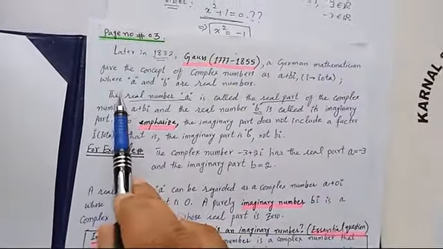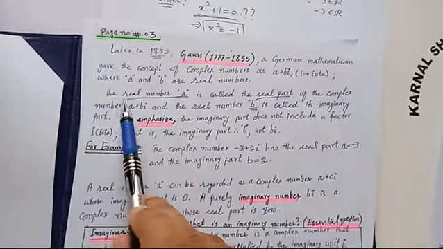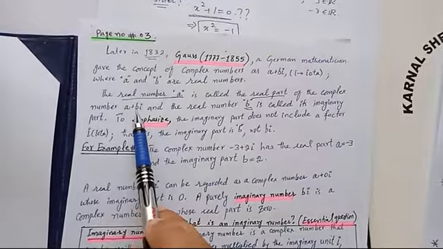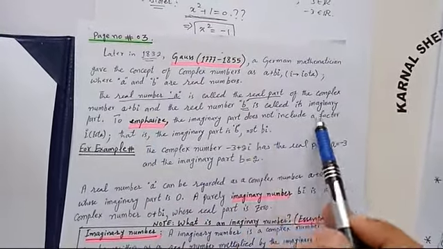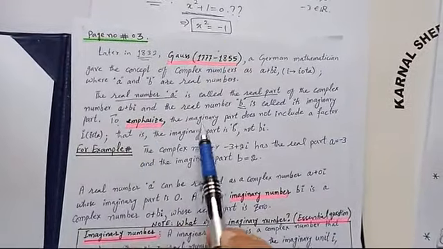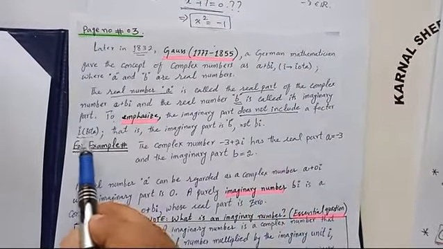The number which is written in the form a plus b iota is called a complex number. The real number a is called the real part of the complex number a plus b iota, and the real number b is called its imaginary part. To emphasize, the imaginary part does not include a factor iota.